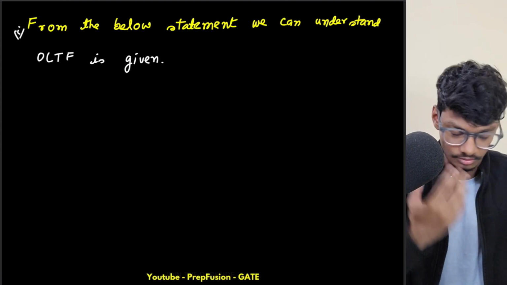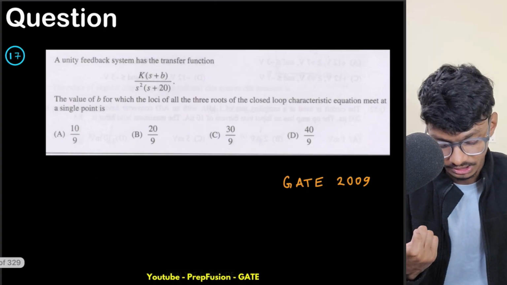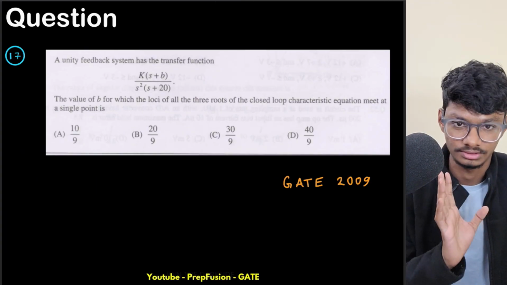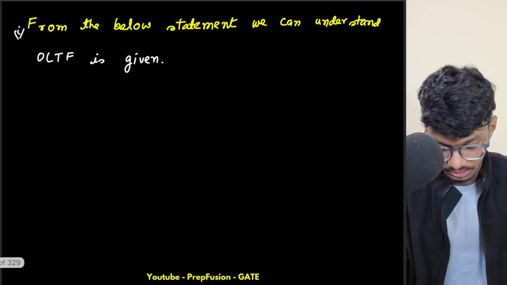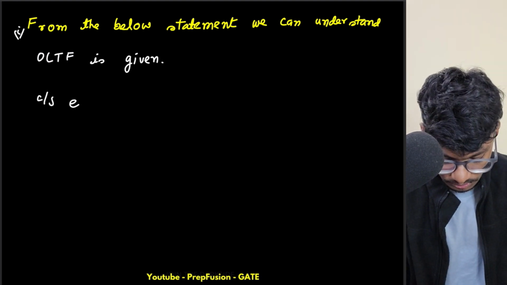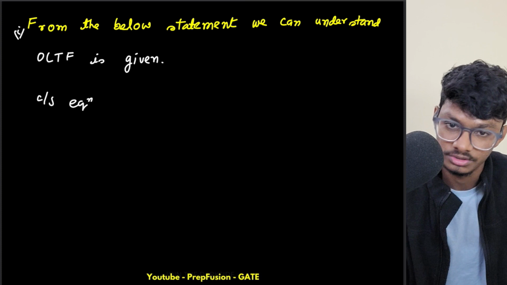Now this is not a root locus problem per se, because simply we have to equate something. What is the characteristic equation? The characteristic equation is 1 plus G(s)H(s) equals 0.